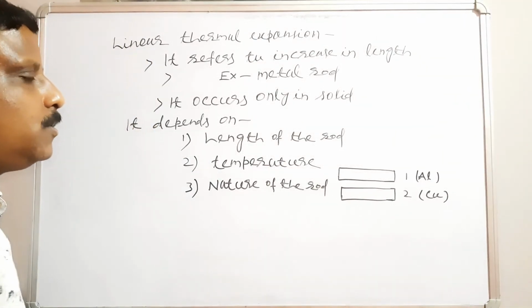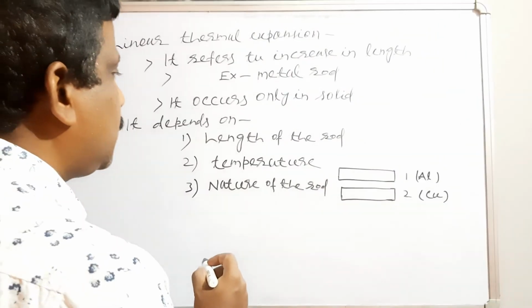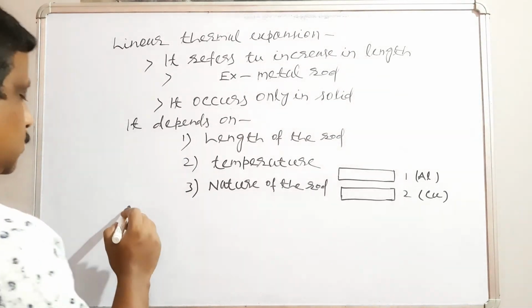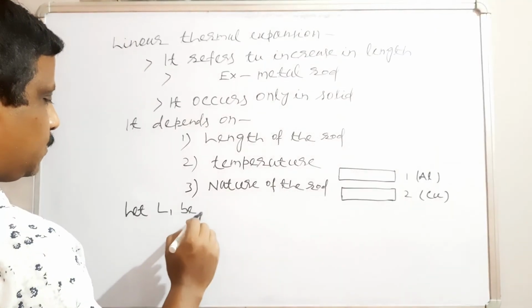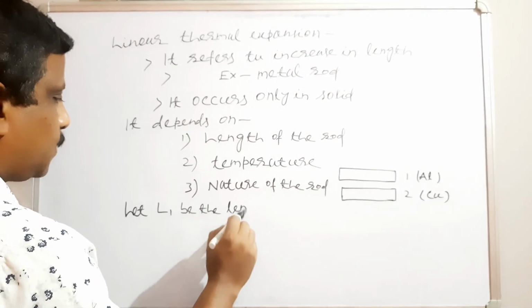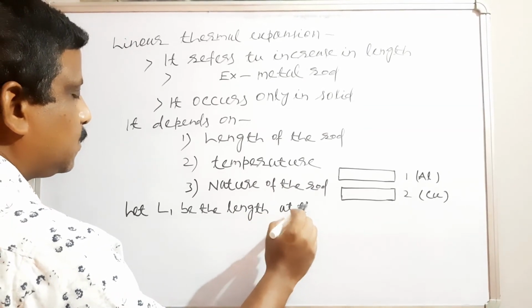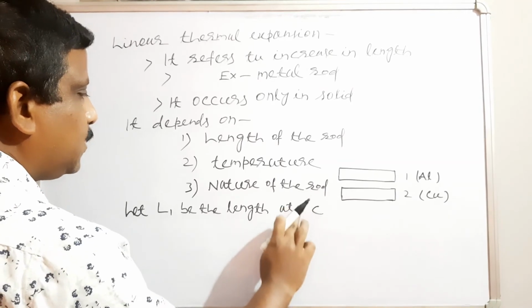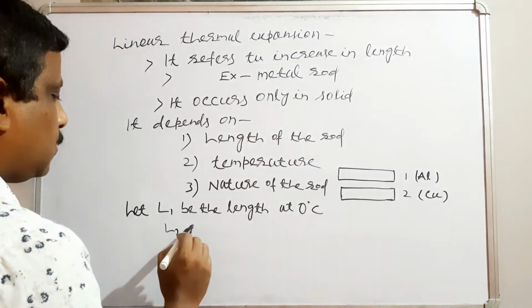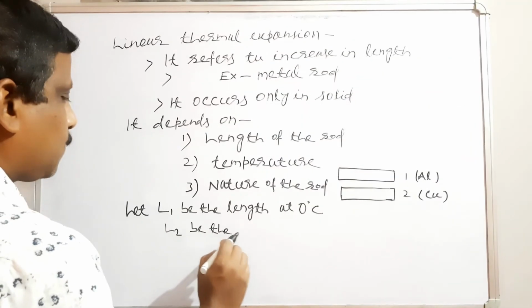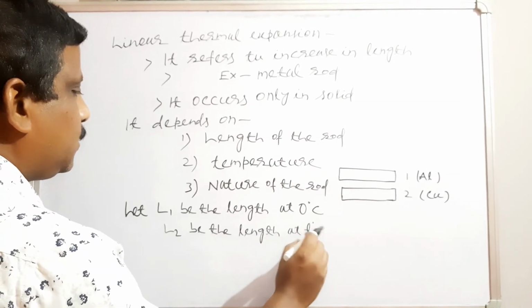Clear? Understood? Now I will explain this mathematically. Let L1 be the length at 0 degrees Celsius, and L2 be the length at T degrees Celsius.